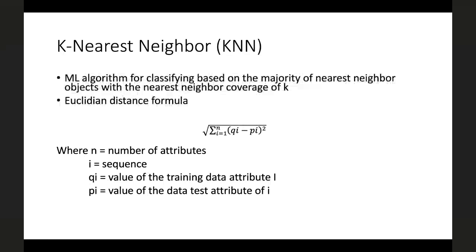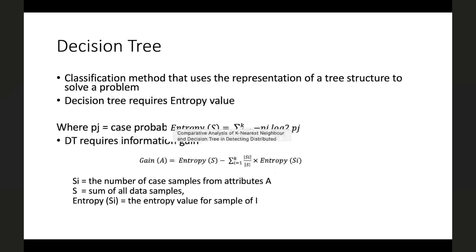K-nearest neighbor is a machine learning algorithm for classifying based on the majority of the nearest neighbor objects within a neighbor coverage of K. And decision tree is a classification method that uses a tree structure representation to solve a problem.